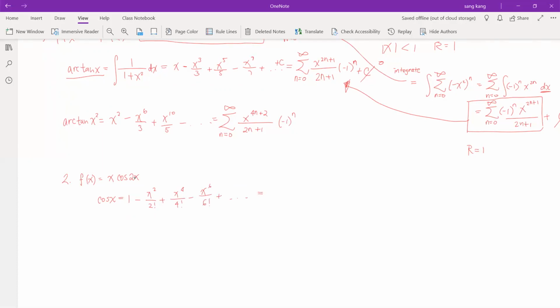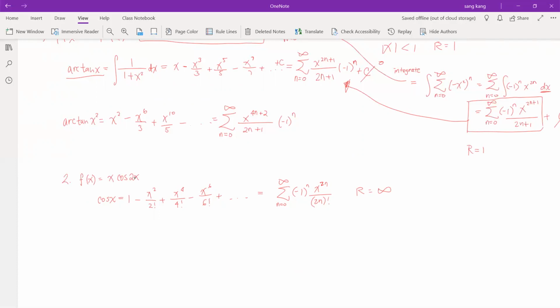This is equal to, it alternates, so negative 1 to the n, even powers of x over 2n factorial, starting from n equals 0 to infinity, R is infinity. If you didn't know that, again, ratio test, you can find that R is infinity.